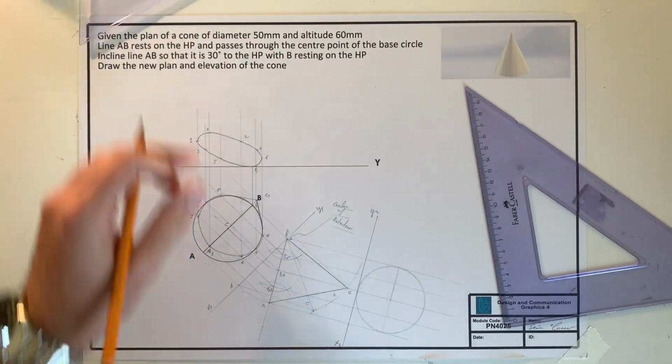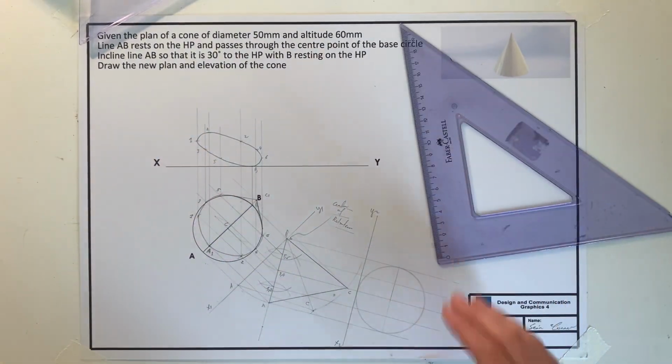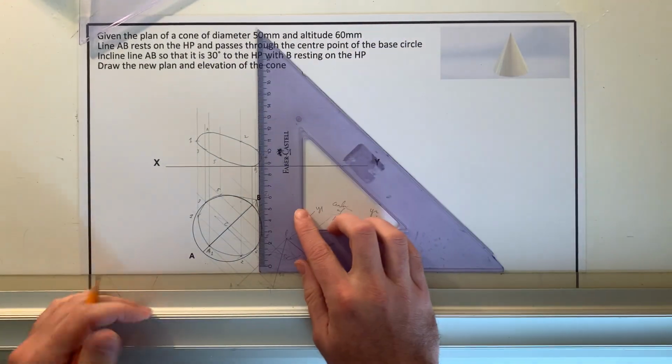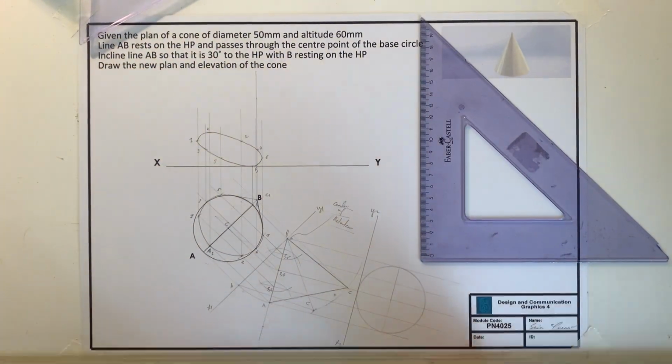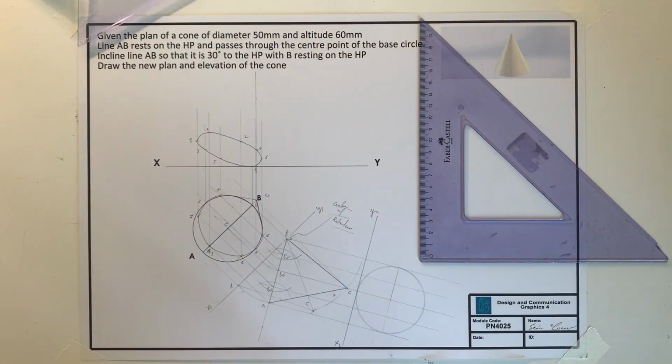There you go. After you have your base circle, now you'll take up your apex. Get that distance.